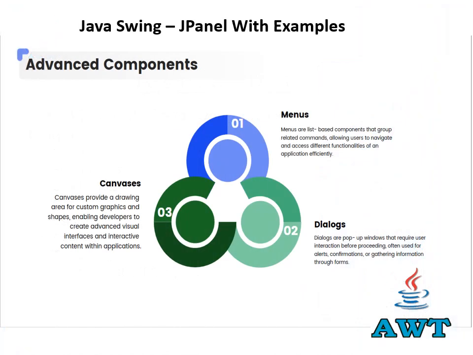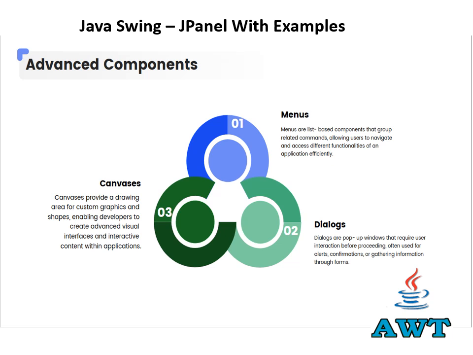Java Swing supports some advanced components like menus, dialogues and canvases. Menus are list-based components that group related commands, allowing users to navigate and access the different functionalities of an application efficiently.